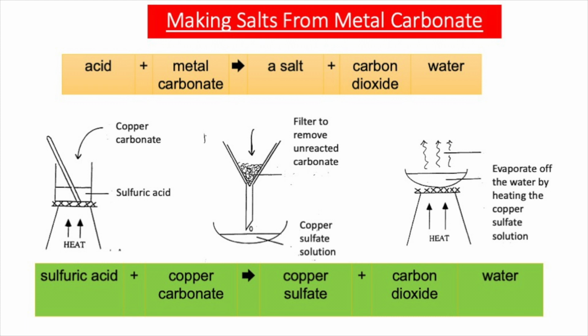We would filter to remove unreacted carbonate. The copper sulfate that would emerge through the filter funnel would then be heated in an evaporating basin to evaporate off the water to leave crystals of the soluble salt. We would again tend to only evaporate 2/3 of the water by heating with a Bunsen burner, because we would want to produce large crystals normally for this, and slow evaporation of the remaining third of the water would leave us with large crystals of copper sulfate.